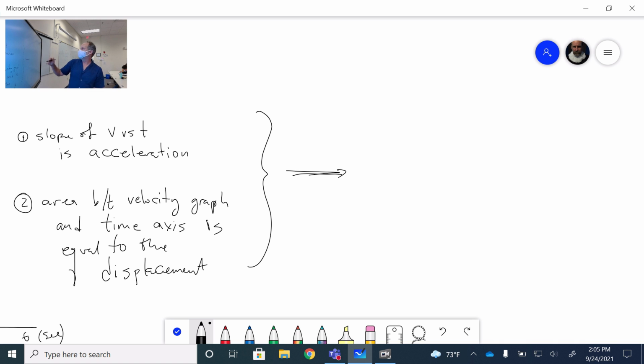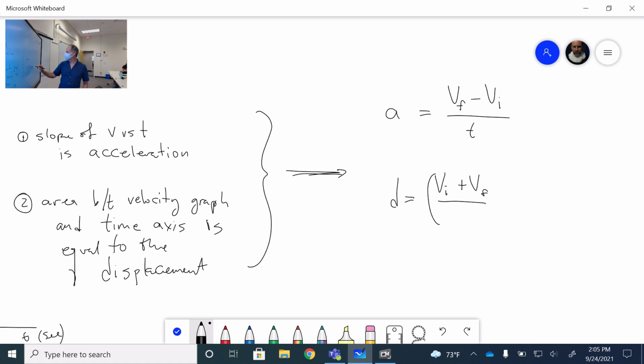And so we start to develop some equations. Our first equation might be the acceleration is the final velocity minus the initial velocity over the time. And then we came up with another one, which is that the displacement is equal to v initial plus v final divided by 2, quantity times the time.